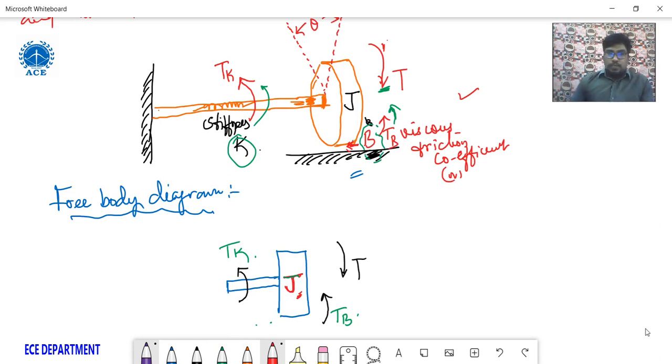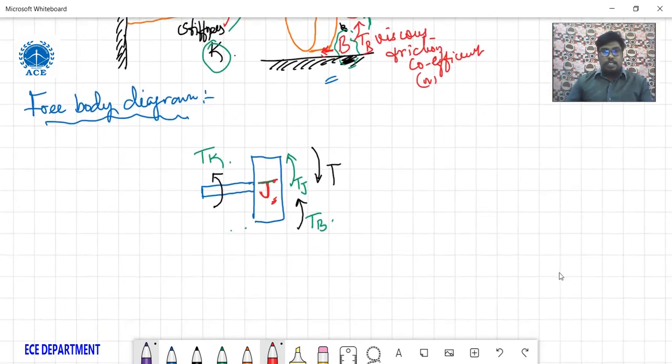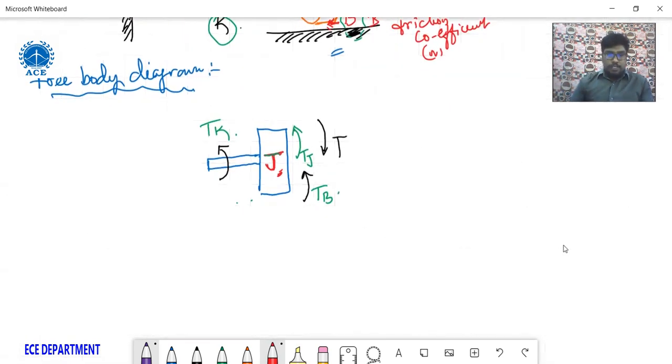I can name it TJ. I forgot to draw that here, so another opposing torque is TJ, inertia torque, right? So this is the free body diagram. So let us write the torque equations.